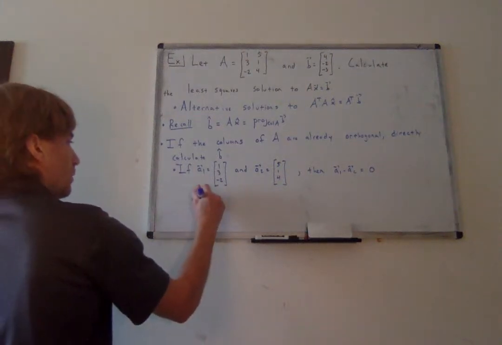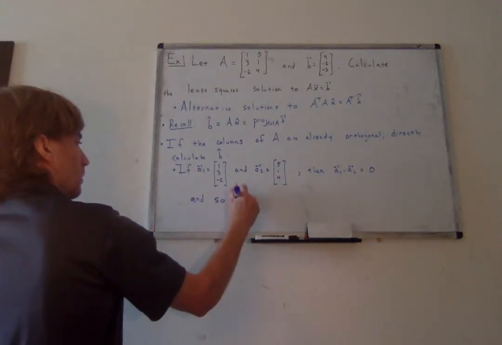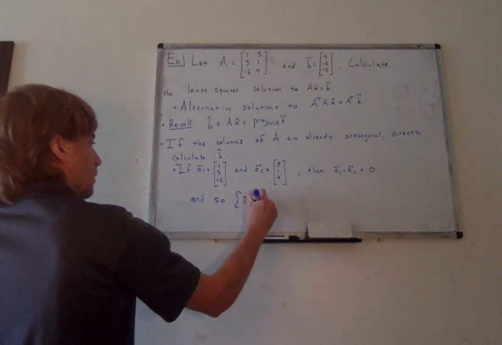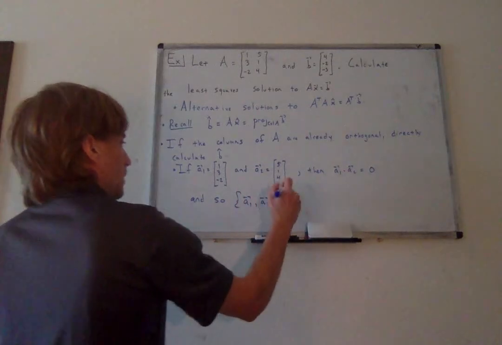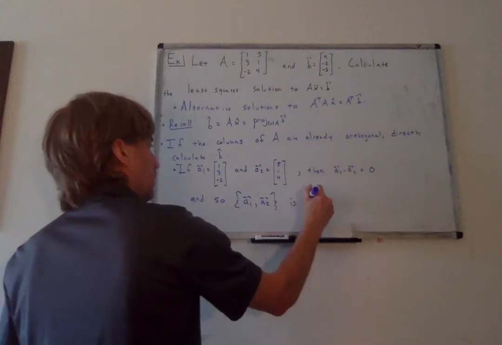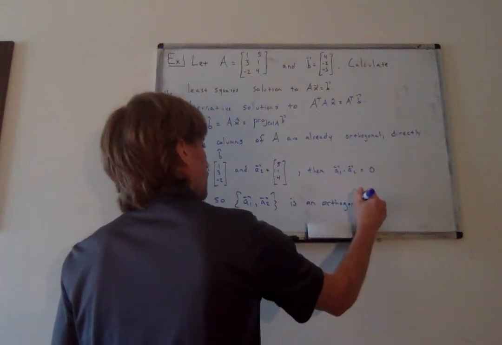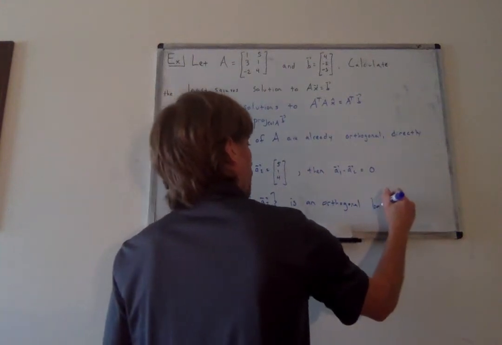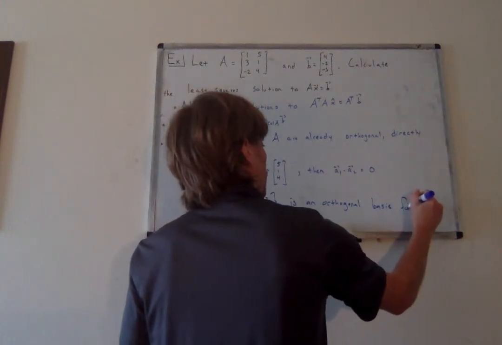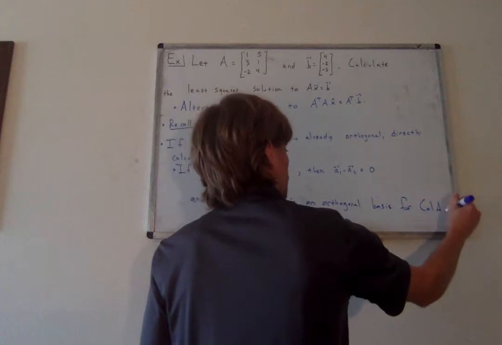And so we set a1, a2 is an orthogonal basis for the column space of A.